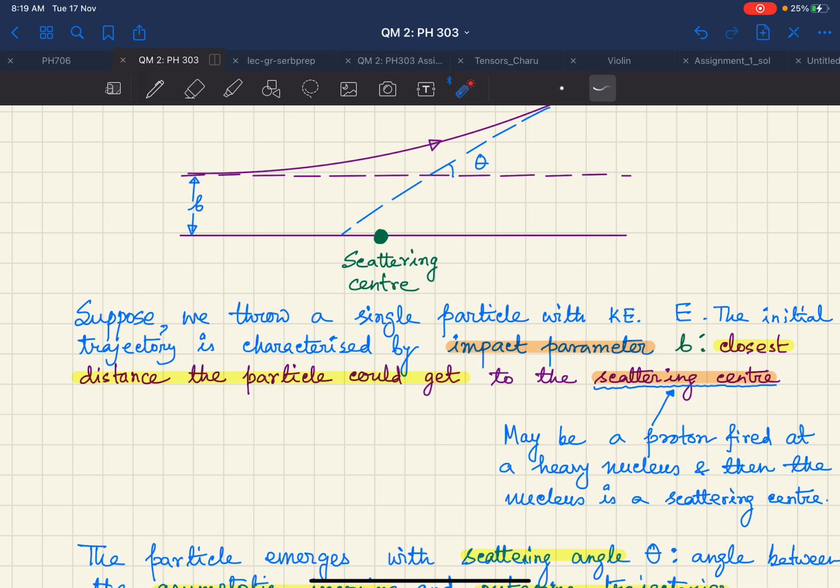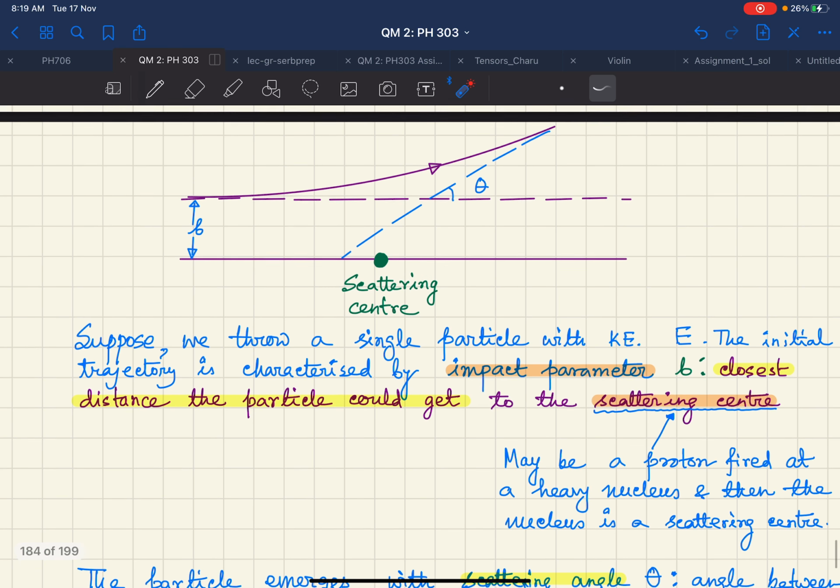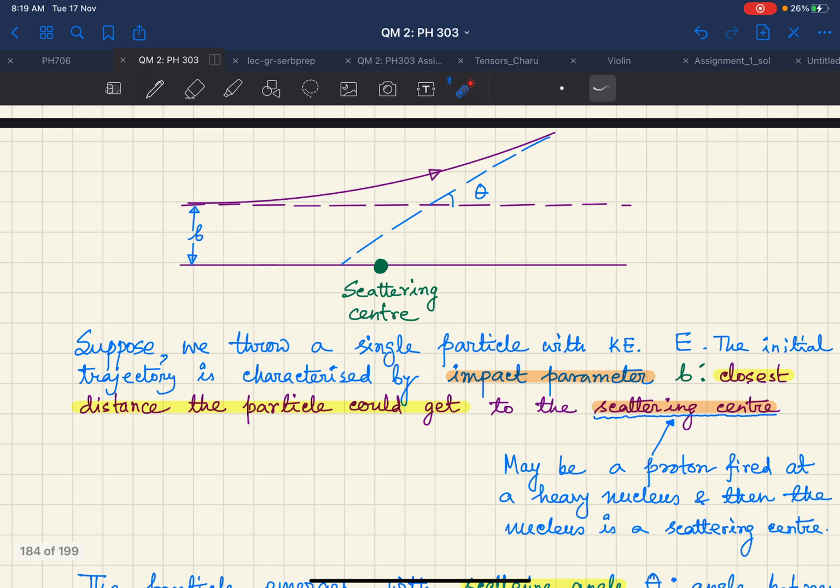Now the particle emerges with scattering angle theta. What is this scattering angle theta? The angle between the asymptotic incoming and outgoing trajectories is known as the scattering angle. So this is the ingoing trajectory, and this is your outgoing trajectory.